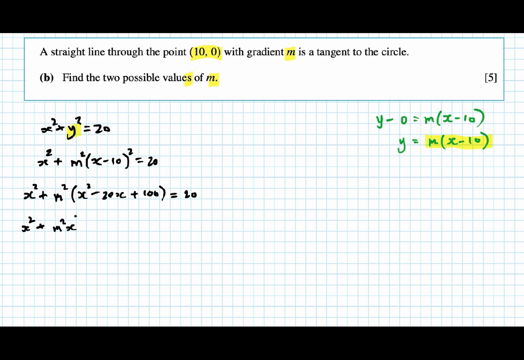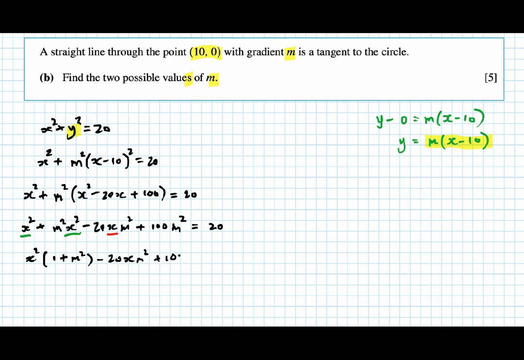So m squared times x squared, 20x times m squared, 100 m squared. I could change the 100 m squared to 20 as well. You want to factorize as much as possible. So we have our squares, we're going to use b squared minus 4ac, if we can.